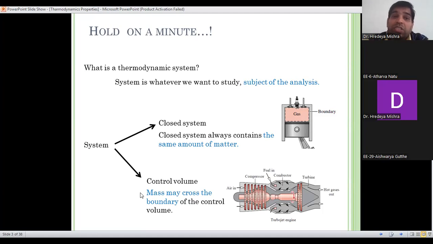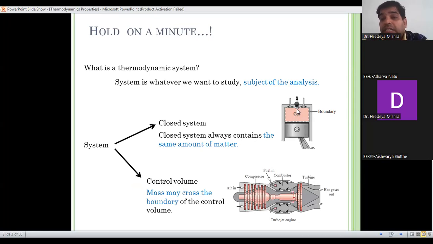There is a closed system, an open system, and a control volume. So what is the closed system? A closed system always contains the same amount of matter, like an engine cylinder.